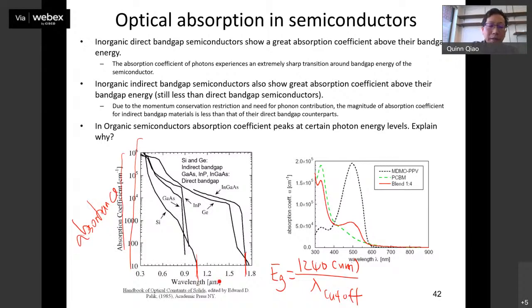But here, since the axis is in micrometers, the equation changes to 1.24 divided by lambda, and then you get the band gap.